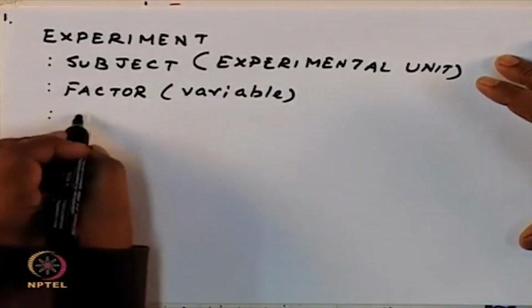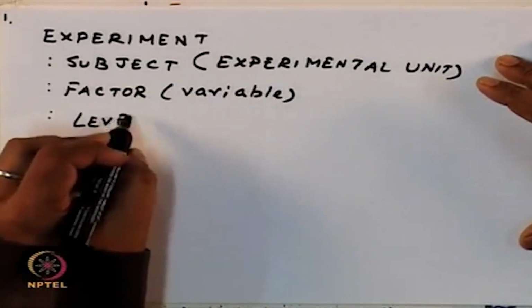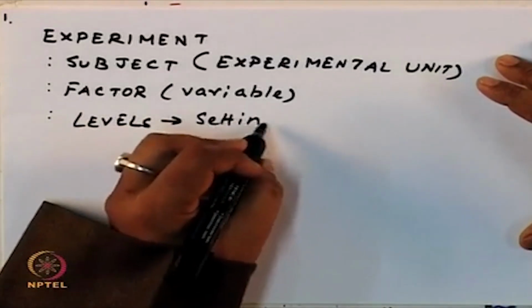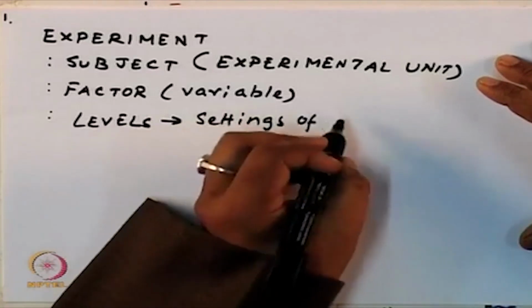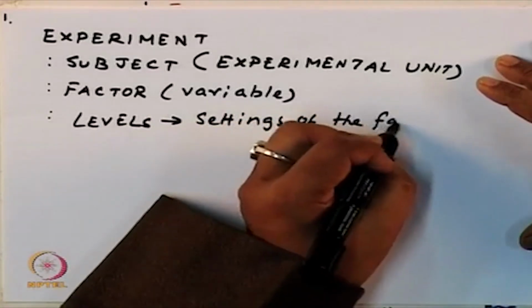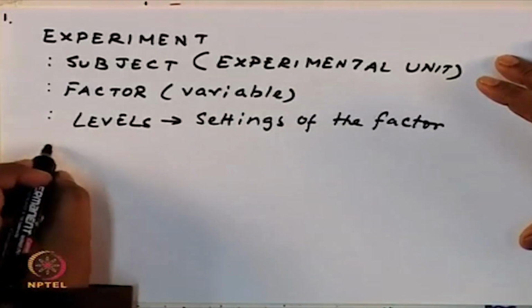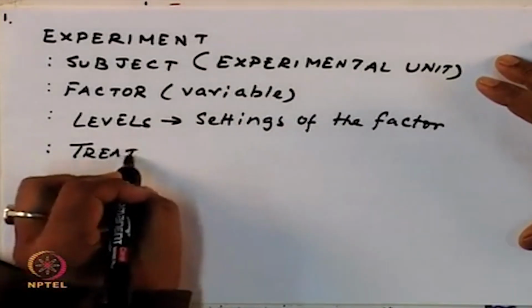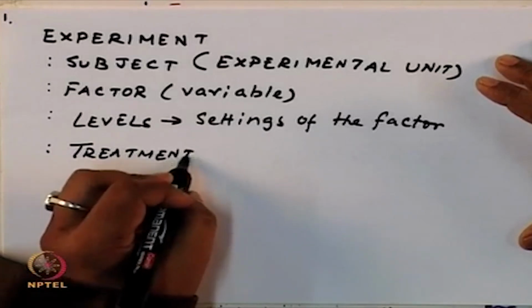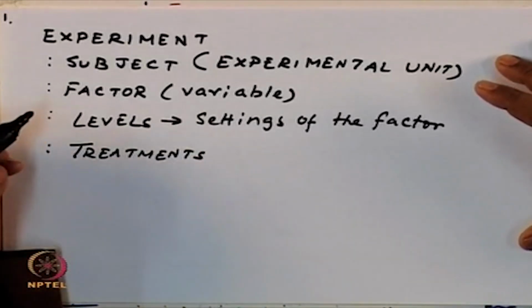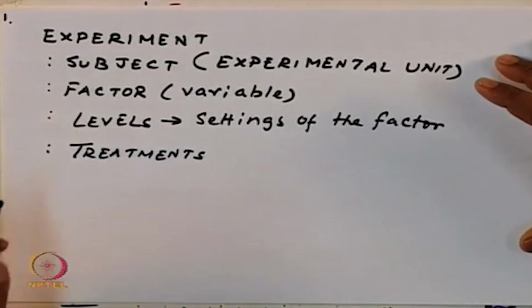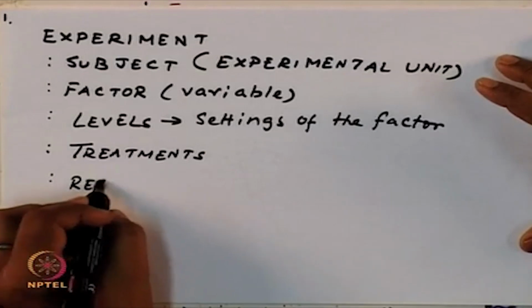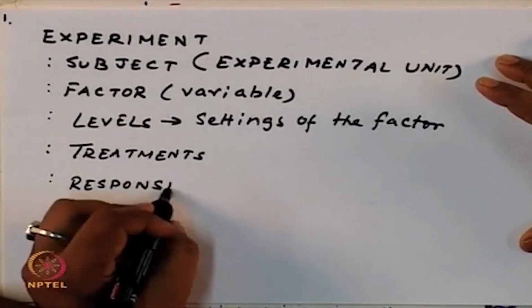The levels refer to settings of the factor. You can have another thing called treatments. If there are more than one factor, then you might have more than one treatment, and your final response, which is what you measure.